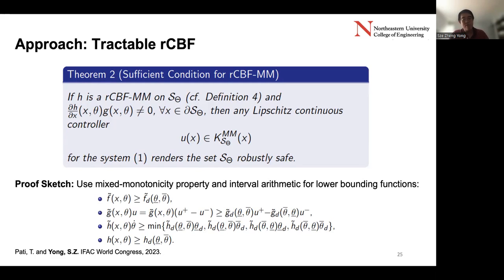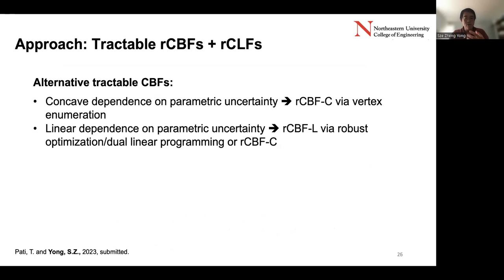So basically, we just lower bound them in a way that is still sufficient for robust safety, and we essentially just apply the mixed monotonicity property that I talked about, as well as in some places we use interval arithmetic because it's tighter. So we also propose alternative tractable CBF methods under different assumptions.